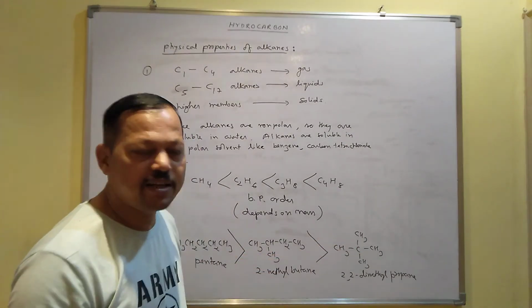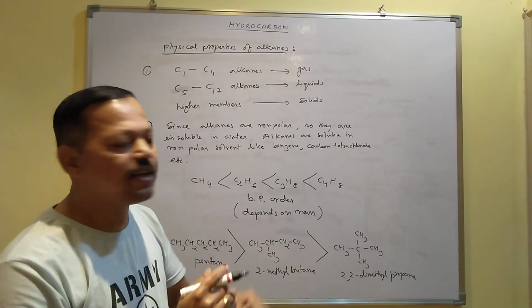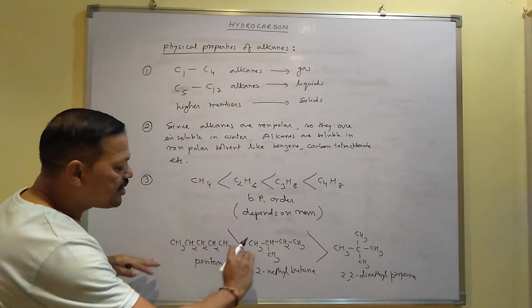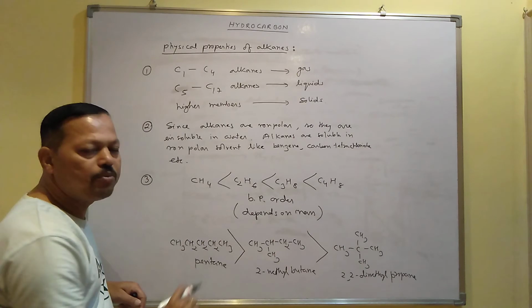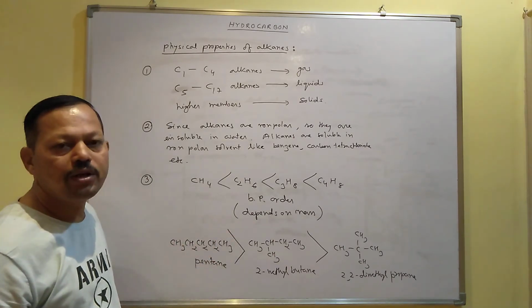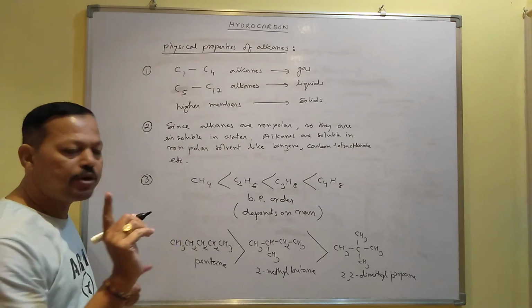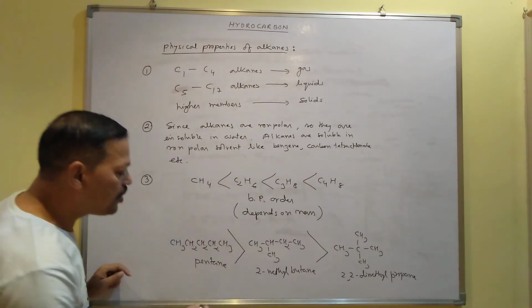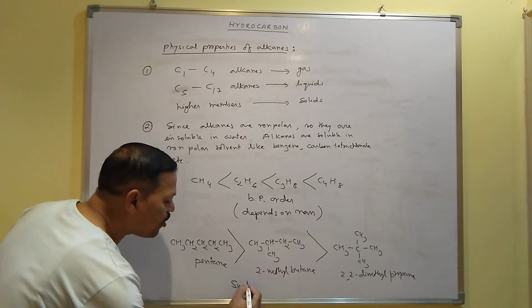As the branching increases, the surface area of the molecule goes on decreasing. In case of a straight chain compound, the surface area will be more. As the surface area increases, boiling point increases. So boiling point depends on two factors. It depends on mass and it depends on the surface area of the compound also.